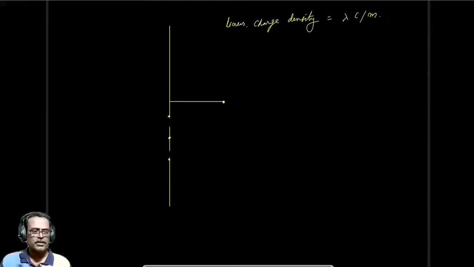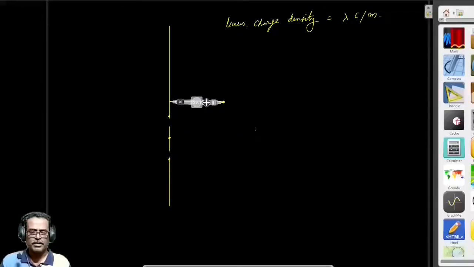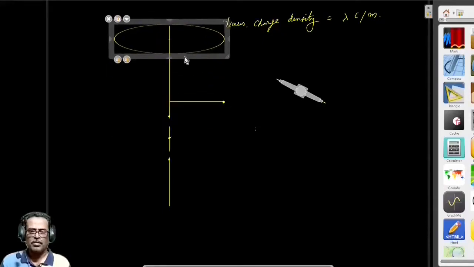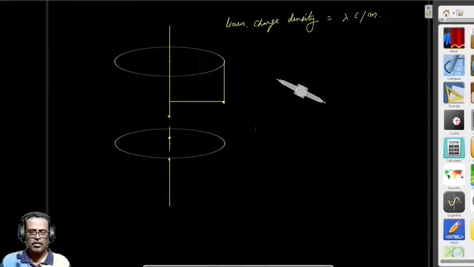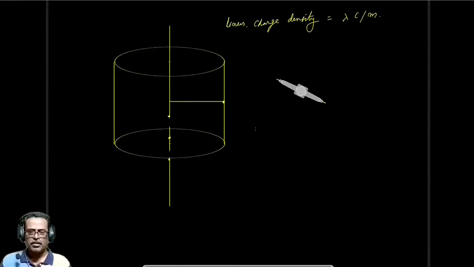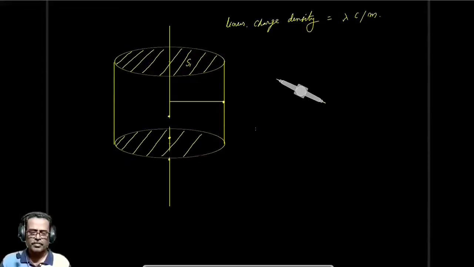Now, considering a cylinder of radius r, the surfaces of the cylinder are a circular surface at the top, suppose this is S1, another circular surface at the bottom, this is S2, and the curved surface, this is S3.